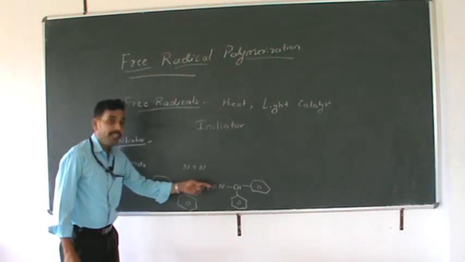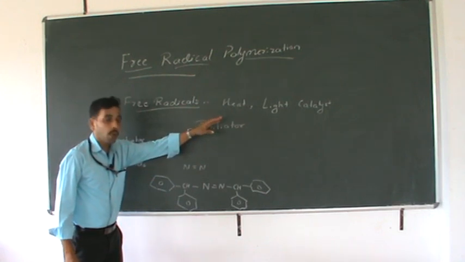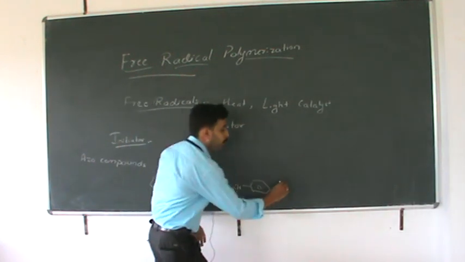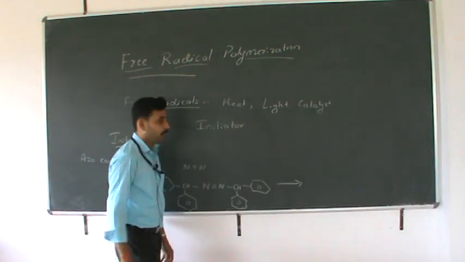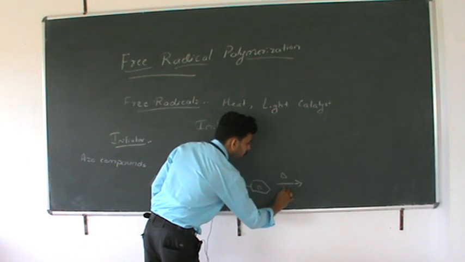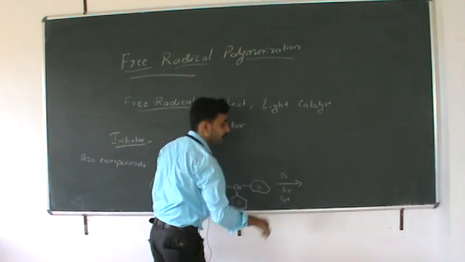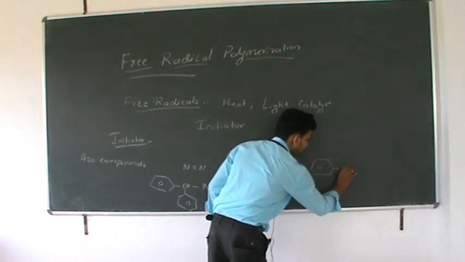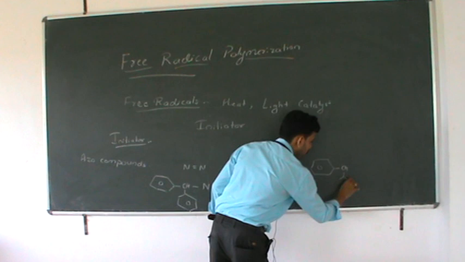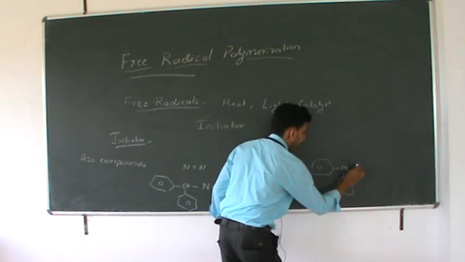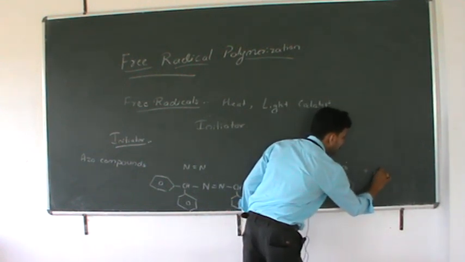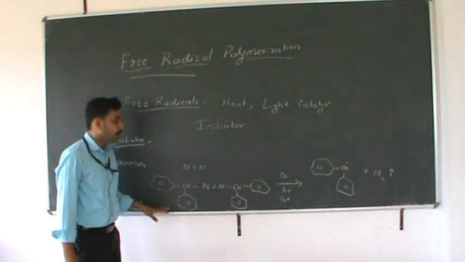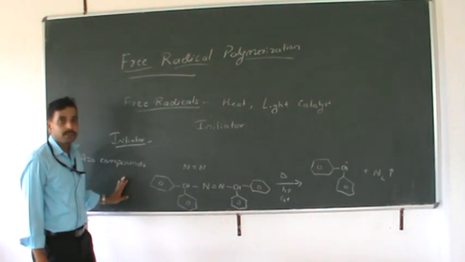It gets decomposed by heat energy, light energy or catalytic energy, and produces free radicals. It decomposes to CH radical plus liberation of nitrogen. That is the example for azo compounds.